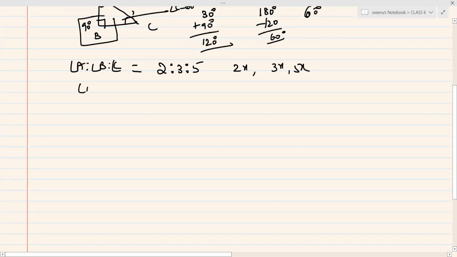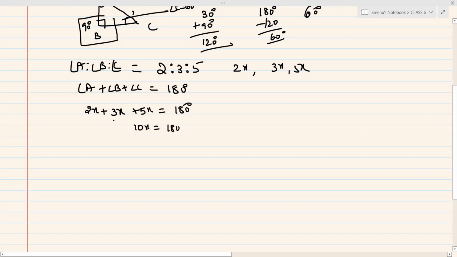Angle A plus angle B plus angle C is how much, according to the sum of angles in a triangle? 180 degrees. 2x plus 3x plus 5x is equal to 180. 5 plus 5, 10x is equal to 180 degrees. x is equal to 180 degrees upon 10. x is equal to 18 degrees. Then angle A is equal to 2 into 18, angle B is equal to 3 into 18, angle C is equal to 5 into 18.